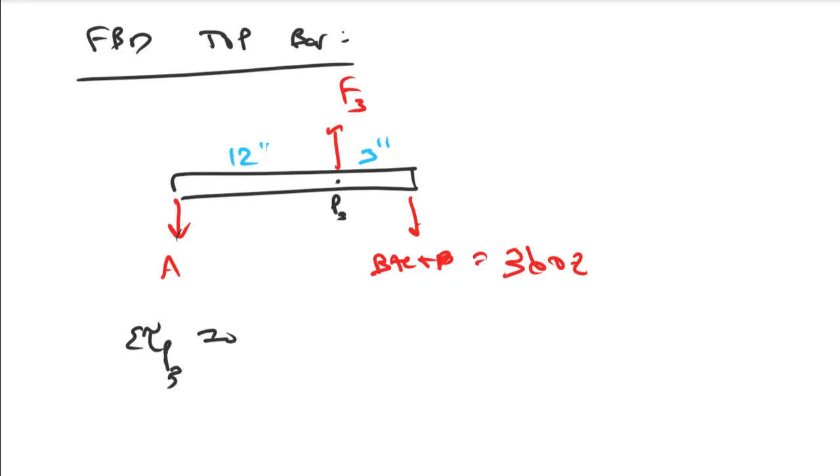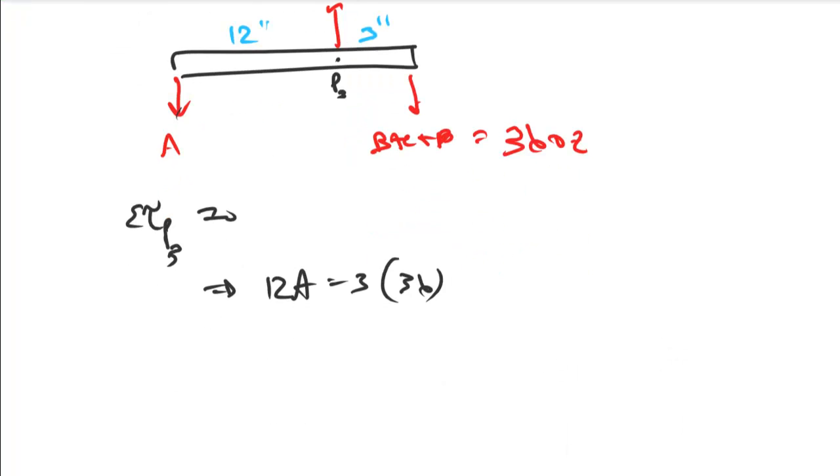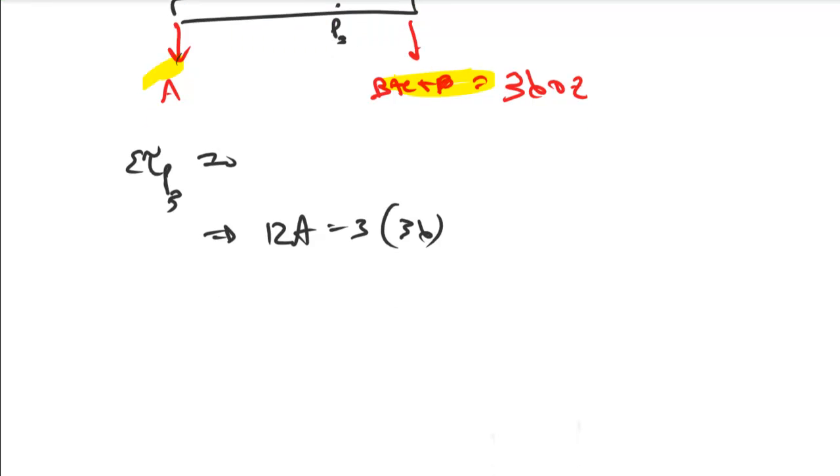Maybe I'll do it anyway. So we end up here, well, this implies that we have 12A is equal to 3 times 36. That's what it comes out to. So this force times distance equals this force times this distance, balancing out.